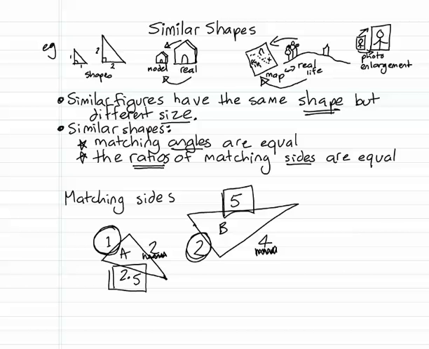In some other shapes, it can be harder to tell what sides match, but they're the sides that, if you turned those shapes around so they were aligned, so if I'd turned A around and B around so they were in the same orientation, facing the same way, matching sides end up in the same position.